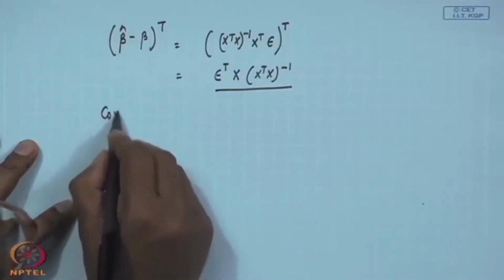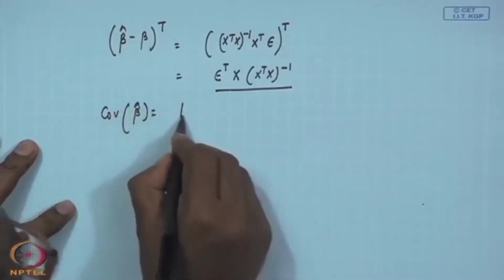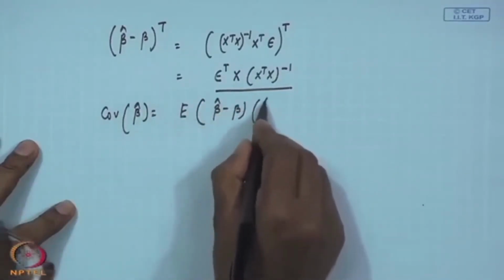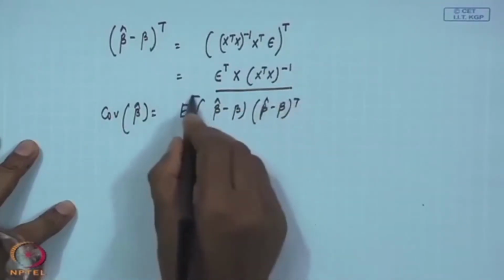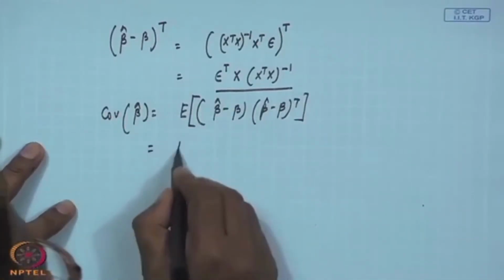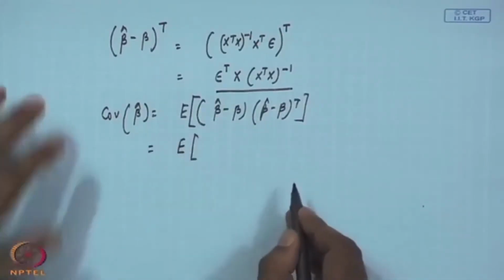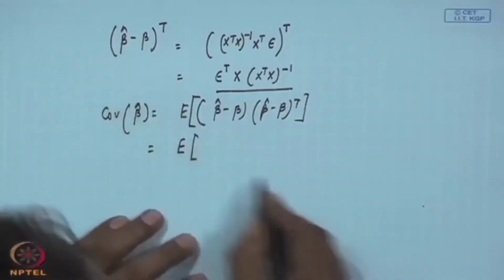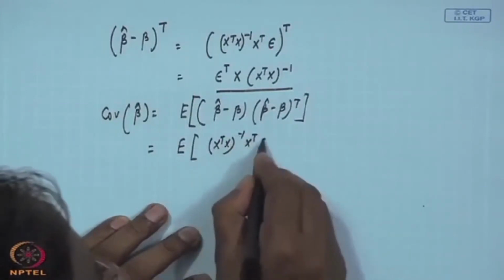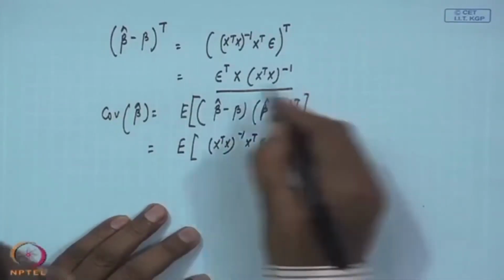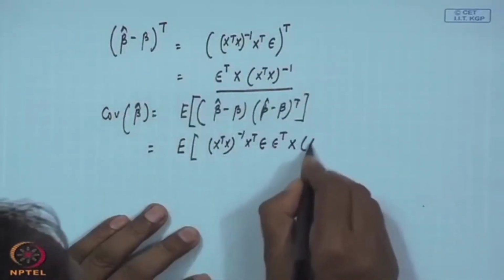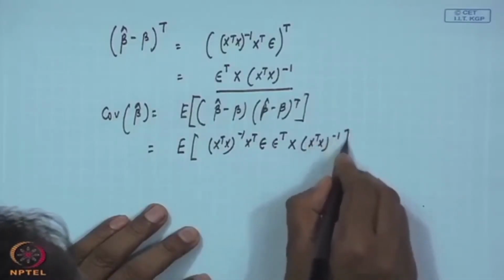What is our covariance of beta cap? That means expected value of beta cap minus beta, into beta cap minus beta transpose, that was the formula. So I will write this here: our beta cap minus beta is x transpose x inverse x transpose epsilon, and the transpose of it is epsilon transpose x, x transpose x inverse.